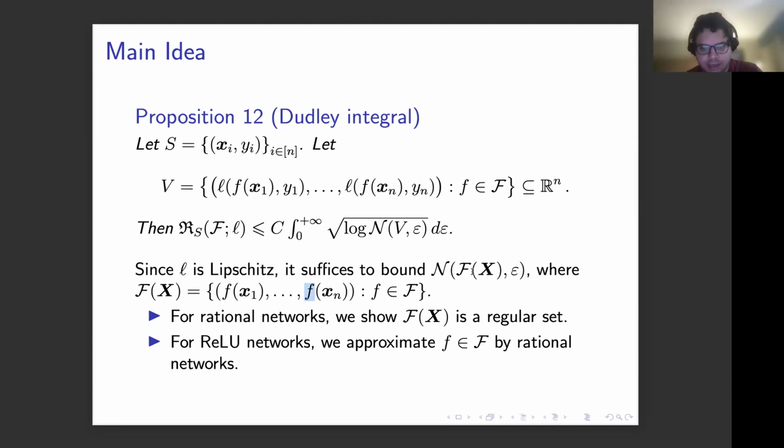Okay, and here we've taken out the loss function. You put the loss function in at the end just by using Lipschitzness of the loss. So this lets us directly work with this set here, even though Dudley's integral has losses.